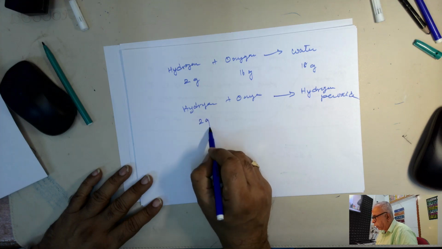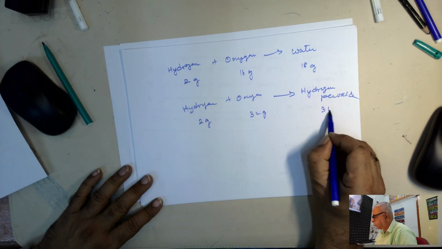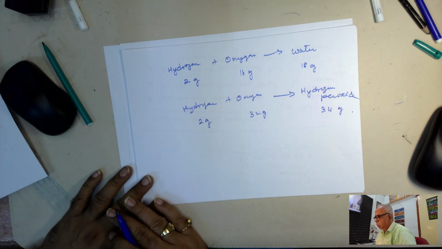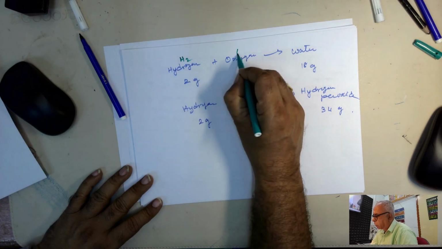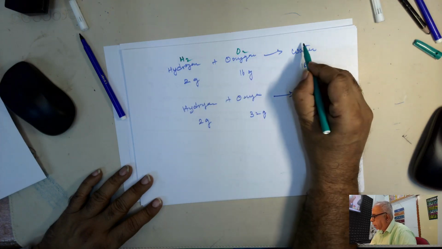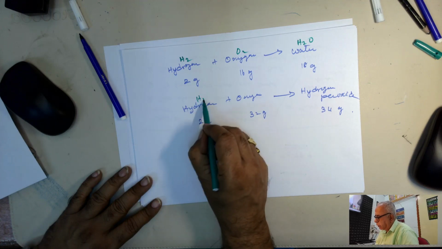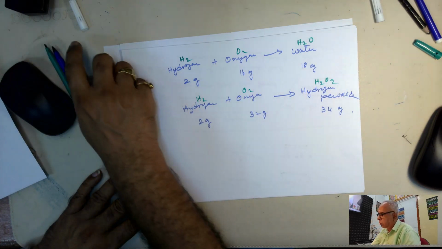For example, here 2 gram and here 32 gram. Now it results in 34 gram of hydrogen peroxide. So in this case, this is hydrogen, this is oxygen, and you are able to get H2O. Whereas here hydrogen, oxygen, you are able to get H2O2.